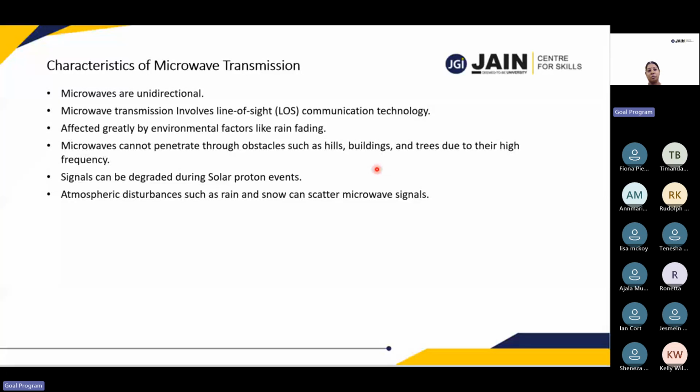Characteristics of microwave transmissions: microwaves are unidirectional. Microwave transmissions involve line of sight communication technology, affected greatly by environmental factors like rain, fading, etc. For example, if it is raining, the signals become weaker. You might have experienced that, right?